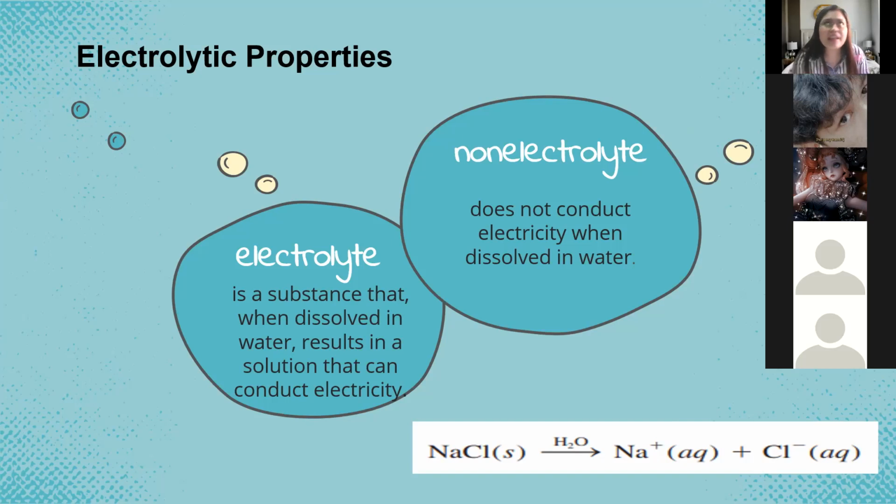Kung hindi ka nagda-diarrhea, you're not doing anything, hindi ka dapat iinom ng Gatorade kasi you will have a lot of electrolytes in your body. So remember, we need electrolytes, but we need to have them balanced inside the body.